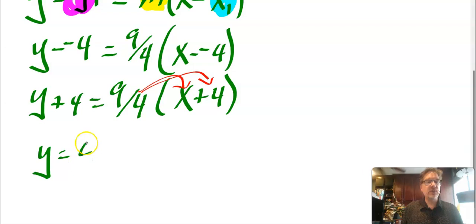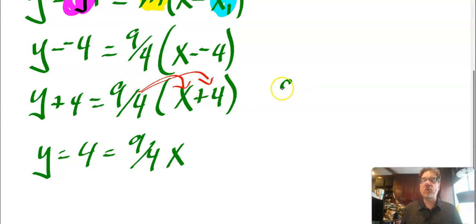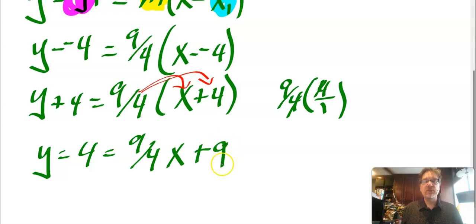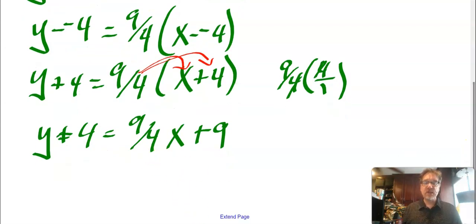So start by distributing. Y plus 4 equals 9/4 x. Now 9/4 times 4. When I distribute that, we're really doing 9/4 times 4 over 1. Those 4s are going to cancel out, leaving me with a plus 9. This should be plus 4. Alrighty, y still isn't by itself.